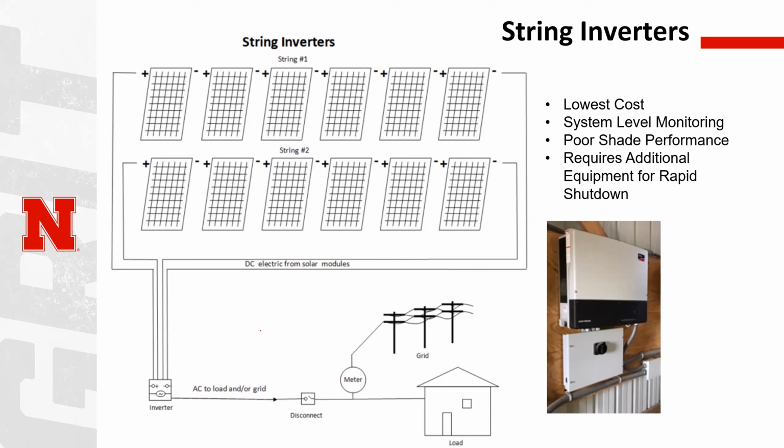So I say, I'll just throw those 3 in, put 1 dead one in. They should work great. It doesn't work, because the weakest link in a series kills the system. In this case, that shaded solar panel kills the whole string. So in a ground mount application, we want to put that in an area with very little shade, if any. Otherwise, we're going to get a lot of loss of production.